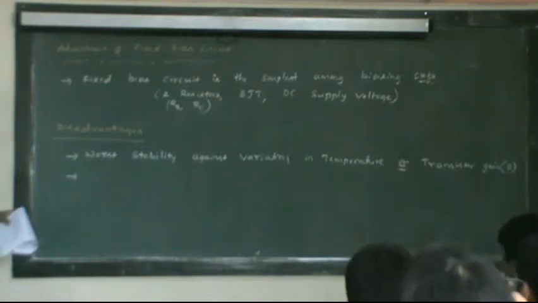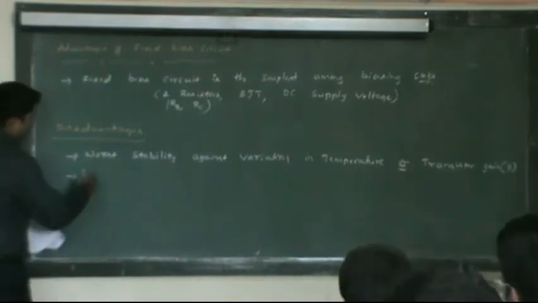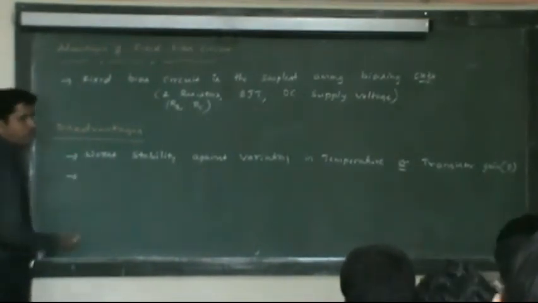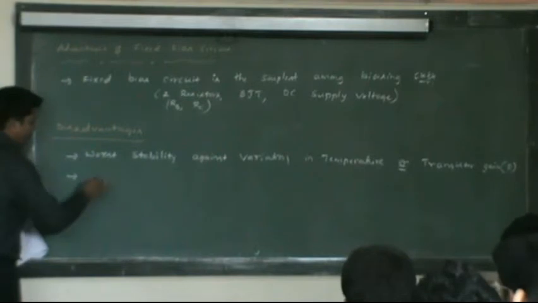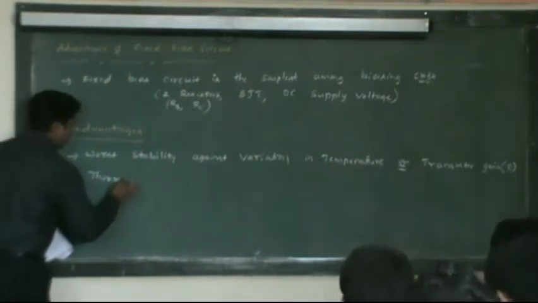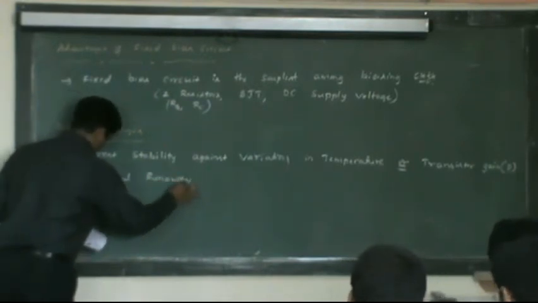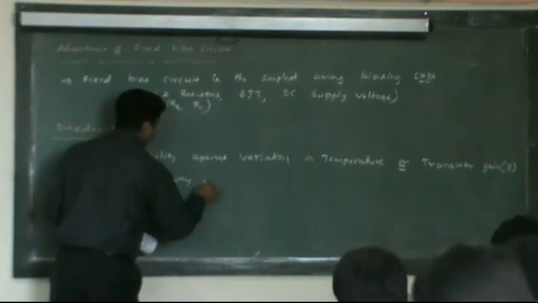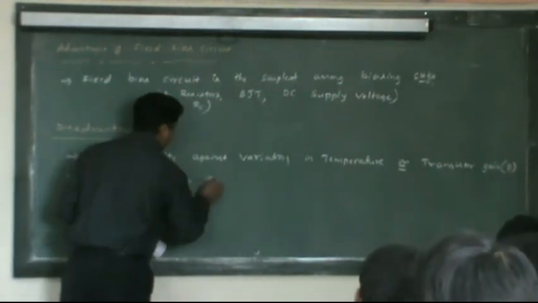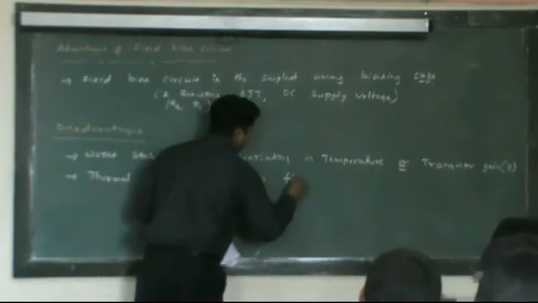There is another drawback. Thermal runaway is going to be one of the biggest problems which is going to occur in this particular fixed bias circuit. So we'll discuss this later.